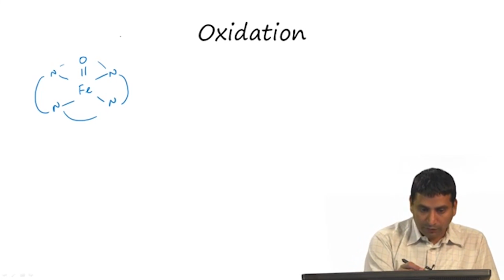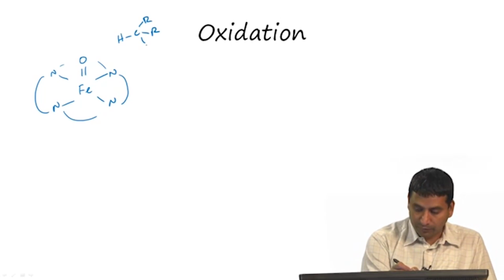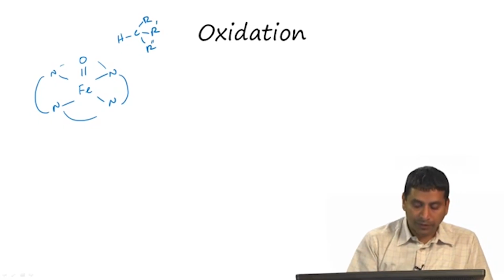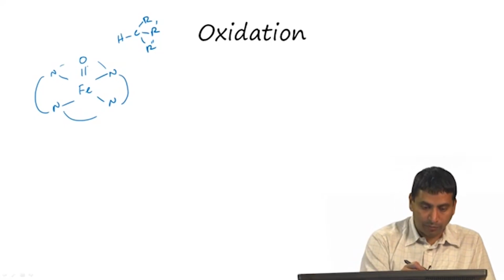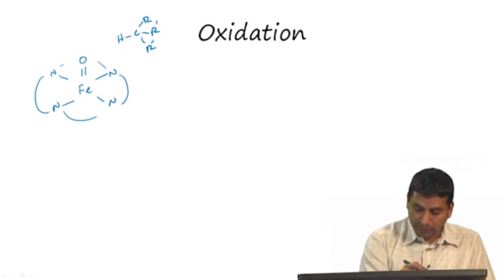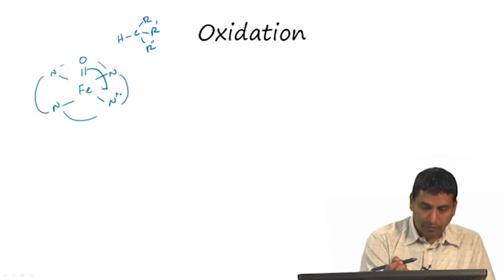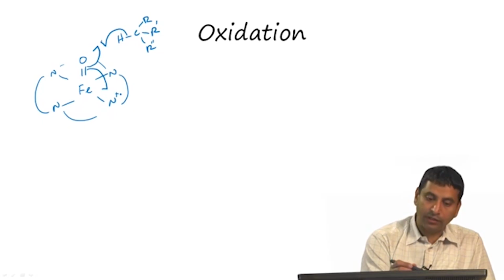Now if you have an alkane, for example R', R'', this reacts with the heme oxidized Fe=O with a radical mechanism. So, you have a radical that is produced over here, and one of the electrons goes here and the second electron goes here, and this carbon hydrogen bond undergoes reaction again to produce a carbon centered radical.